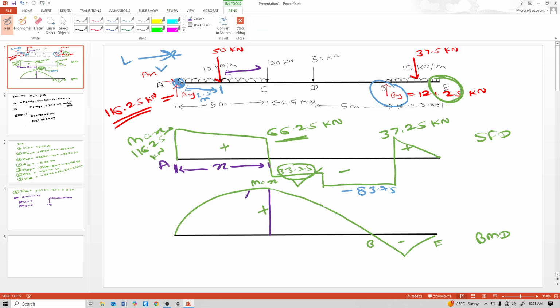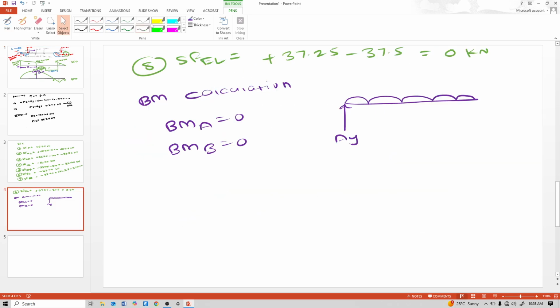Unit is kilonewton meter. So bending moment at C is equal to 456.25 kilonewton meter.